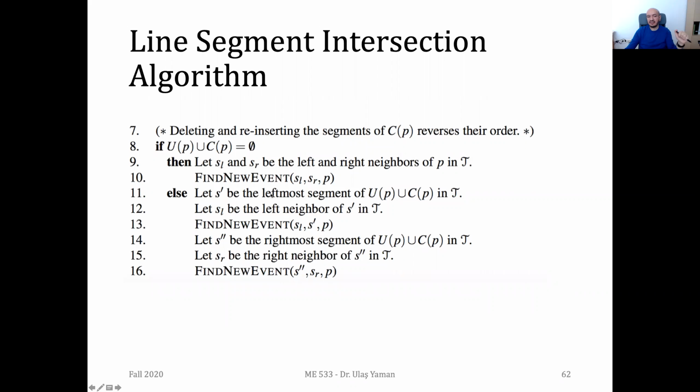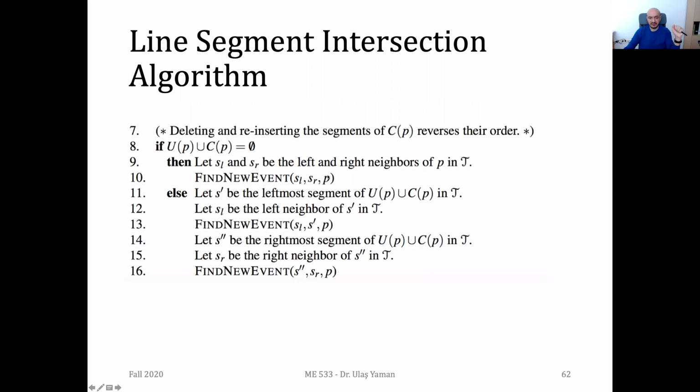We simply check the neighbors whether they have a new intersection point underneath. Since the intersection points above the sweeping line have already been completed, we don't need to do more computation for them, but the ones below the sweeping line are still important, so we should check them with the find new events function.